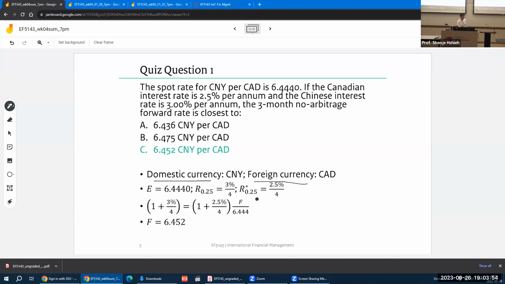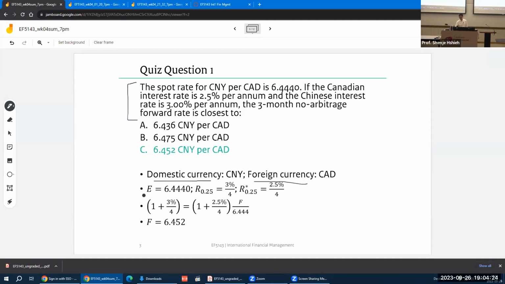Once you determine that, you can figure out which country is R star and which is R. With CNY as the domestic currency, R, just regular R, refers to Chinese interest rates. The foreign currency is Canadian dollars, therefore when we talk about R star, we're talking about Canadian interest rates.